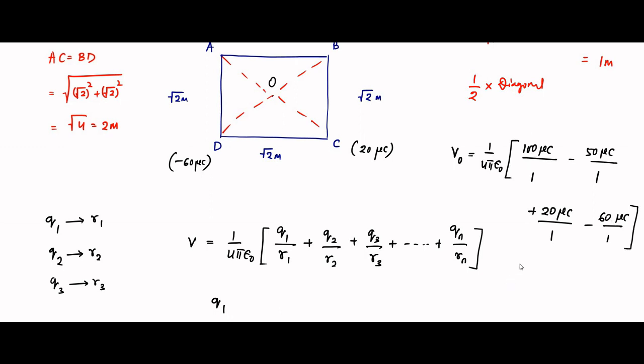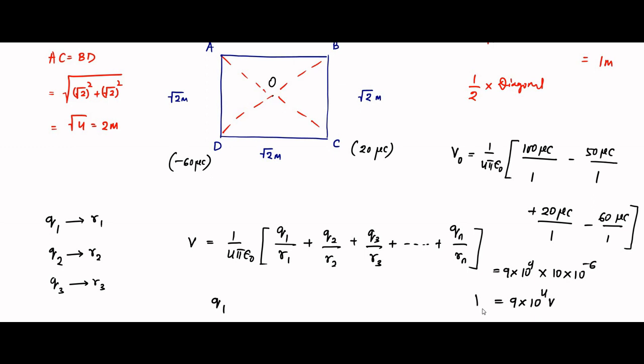So that is coming 9 into 10 to the power 9 times, 100 minus 50 is 50, plus 20 is 70, minus 60 is 10 microcoulomb. So 10 into 10 to the power minus 6, that is 10 to the power minus 5, which is equal to 9 into 10 to the power 4 volt.